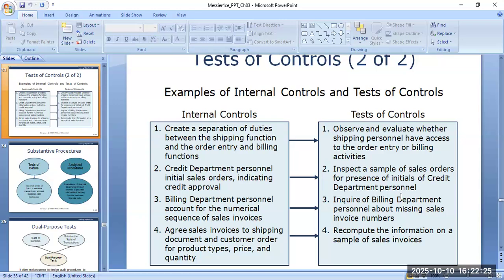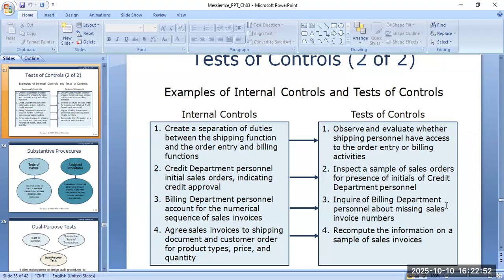If we cannot find the initials of the credit department personnel on the sales order, that means that internal control doesn't work. What does that mean? That means that anything related to this part of the nature of the company, all the reporting, we have to apply more audit procedures to make sure that there's no material misstatement in the financial statements.